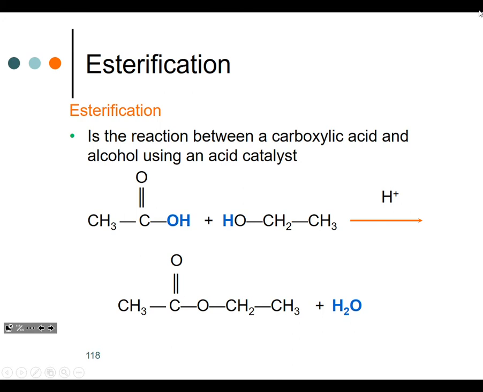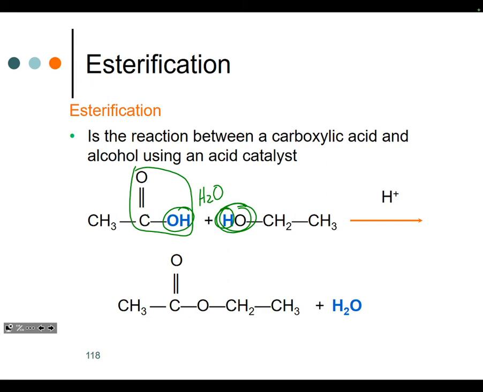So in esterification, what you have is you have a carboxylic acid and an alcohol. And when these carboxylic acids and alcohols come together, they want to make water. So what you get is you get OH and that hydrogen make H2O. Now I could have circled this OH and that hydrogen, doesn't matter, but you're getting H2O from these things, okay?